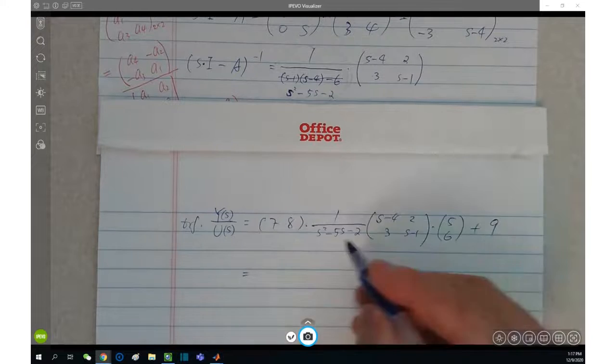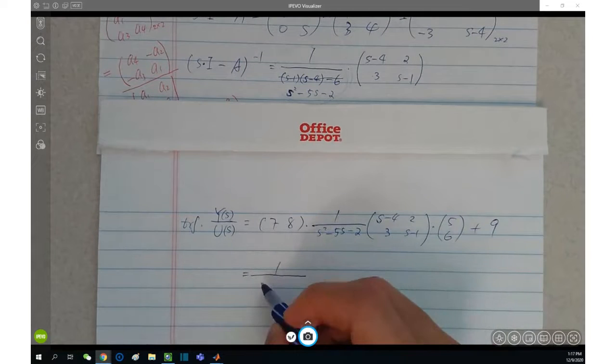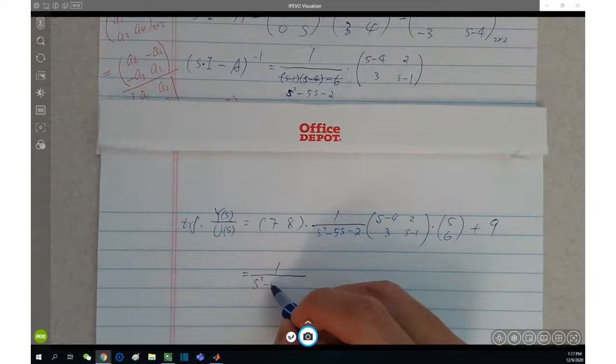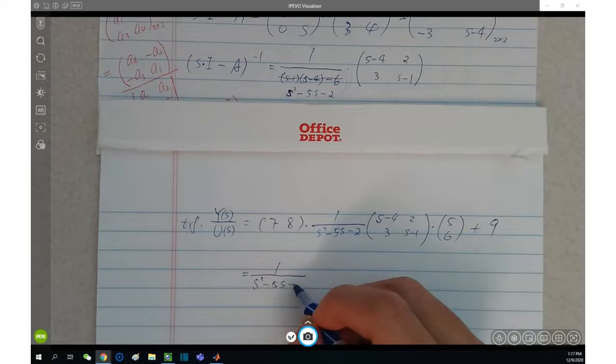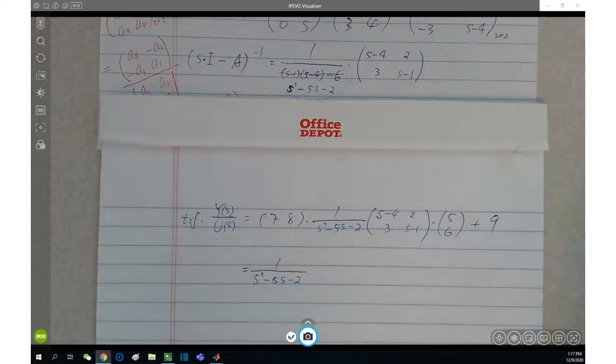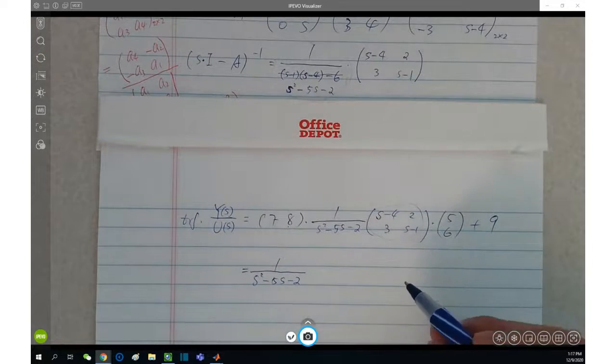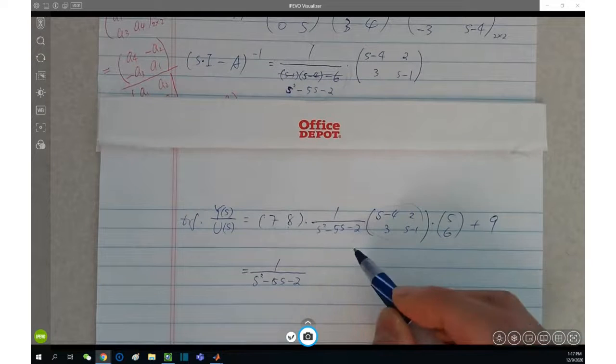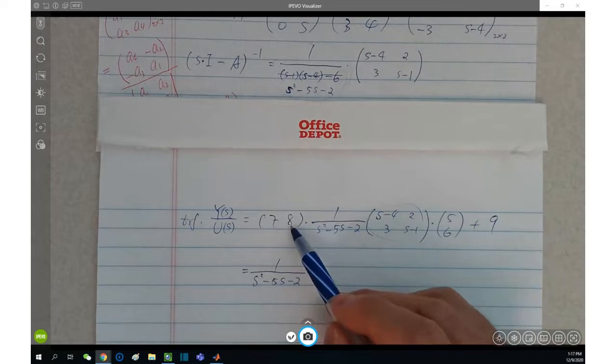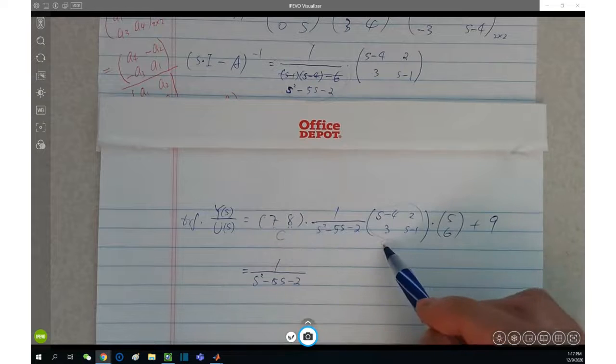And once again, we put this polynomial factor out. So 7, 8 times this 2 by 2 matrix, what is it equal to? So 7, 8, which is C, times this sI minus A inverse matrix.